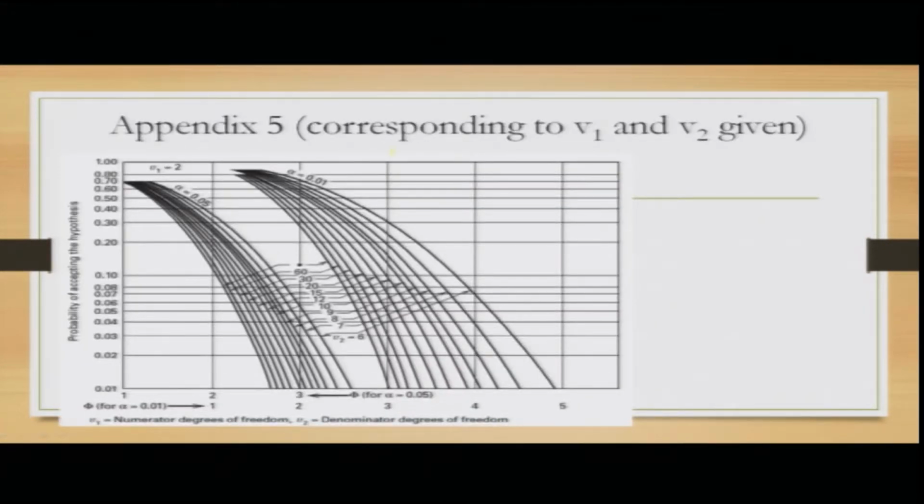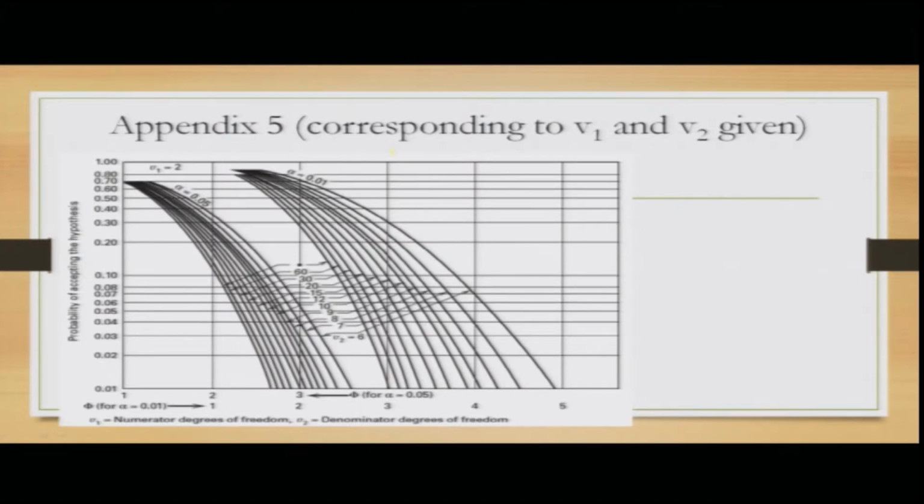If you find the corresponding graphs, they would be given like this. With the values calculated, we plot capital phi for values of alpha, and along the y axis you have the probability of accepting the hypothesis. It is not exactly an OC curve, but it resembles the OC curve in different aspects. We have different values of alpha.